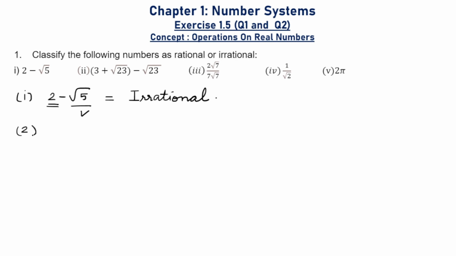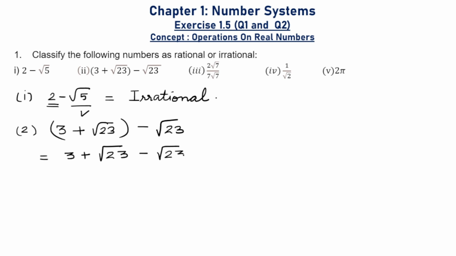Coming to the next question, it is 3 plus root 23 and is to be subtracted from root 23. In this case, let us simply open the bracket. So 3 plus root 23 minus root 23. Now if you look carefully, root 23 and root 23 can easily be cancelled out as these are the same terms, right?